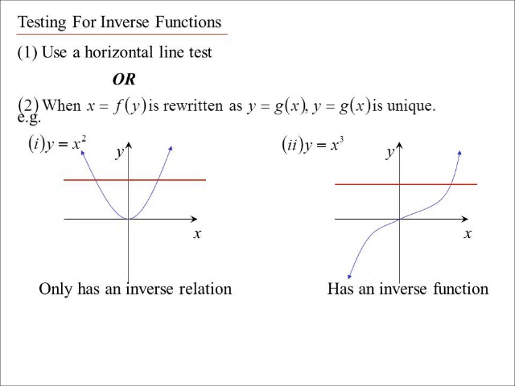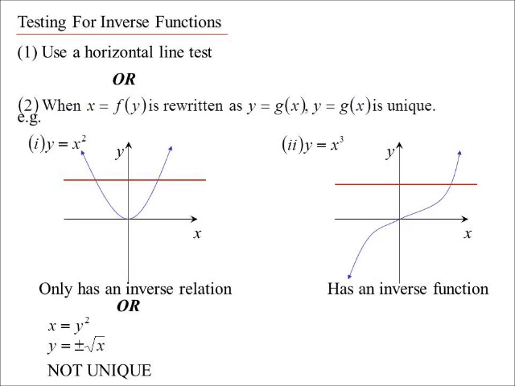Now, the other way we can do it is via algebra. We can swap the y's and the x's around and then make y the subject. If we come up with something that is unique, then it's an inverse function. So back to our parabola, swap the x and the y's around. But when I make y the subject here, I'm going to get y equals plus or minus. So it's not unique. There's two possibilities.